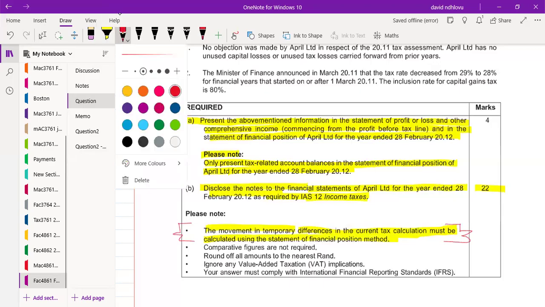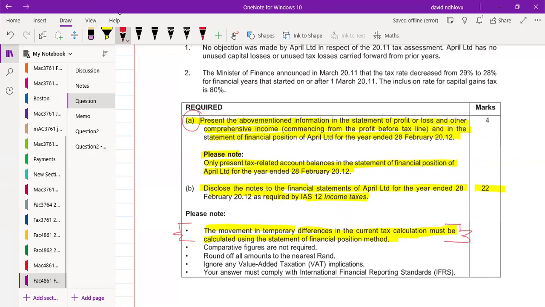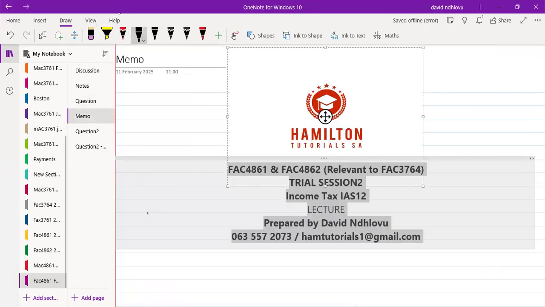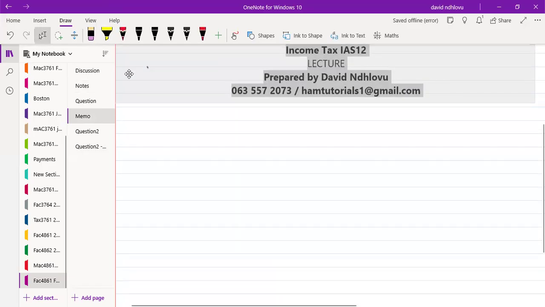Right, first we have to do presentation of the P&L and also the statement of financial position. So what's the name of the company? Oh, that's April Limited. I thought that was a date. That's April Limited.